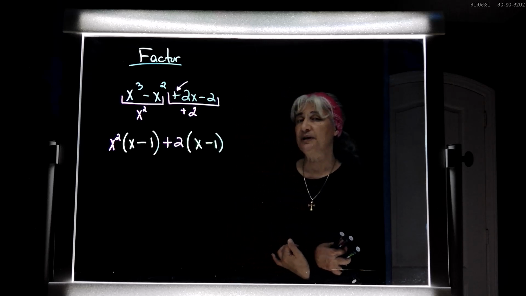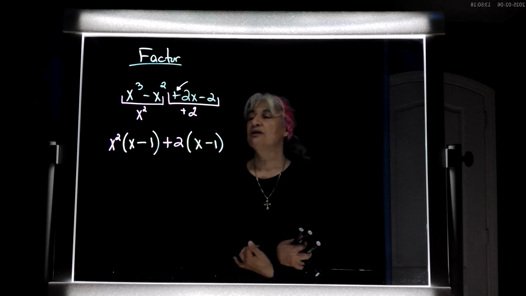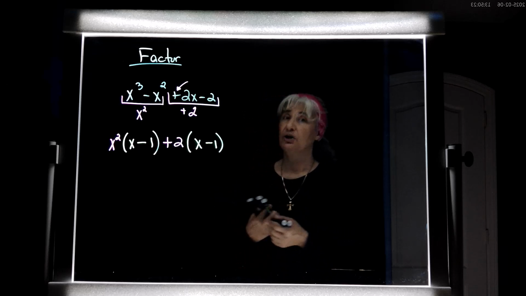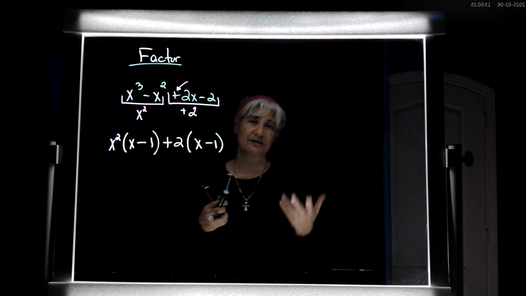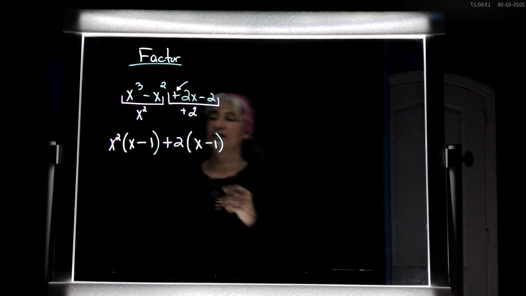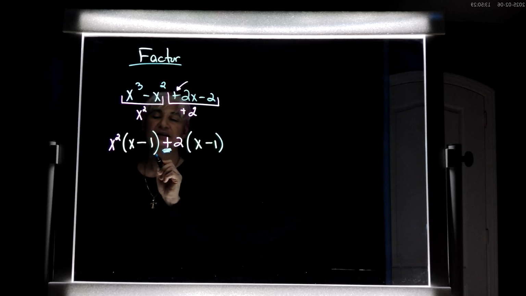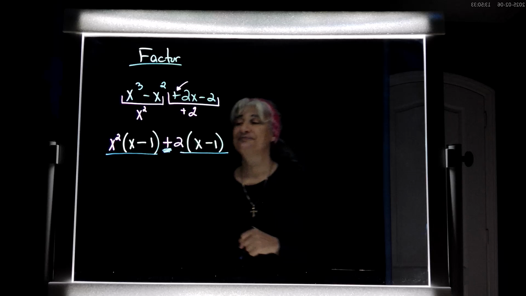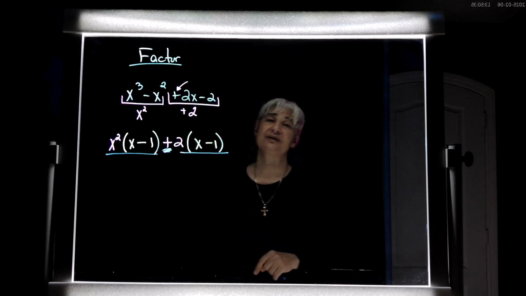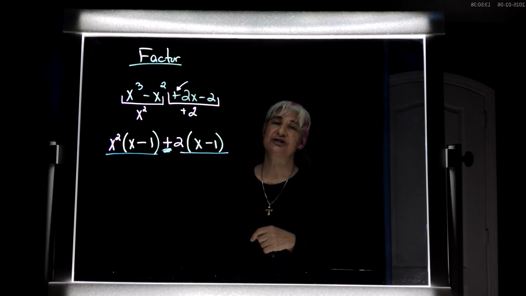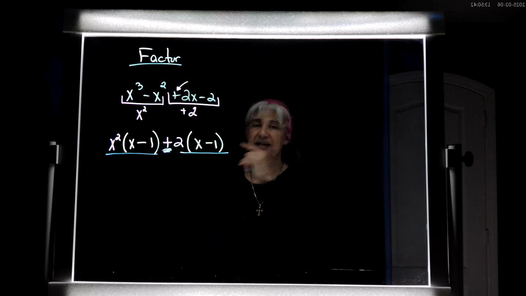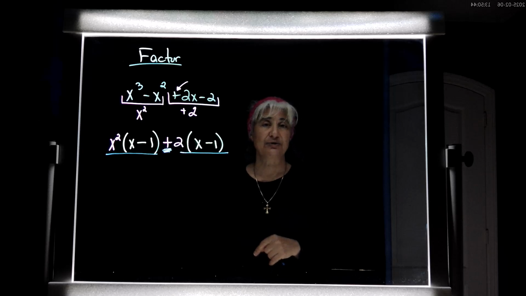Now, let me give you a little tidbit here. Factoring always ends in a multiplication problem. Always. Because you're dividing. It better end in multiplication. I have a plus sign in the middle of 2 multiplication problems. I ain't done. I have 2 terms, and I'm going to ask myself the same question. Do they have anything in common? Anything that's the same that I can divide out? The answer is yes.